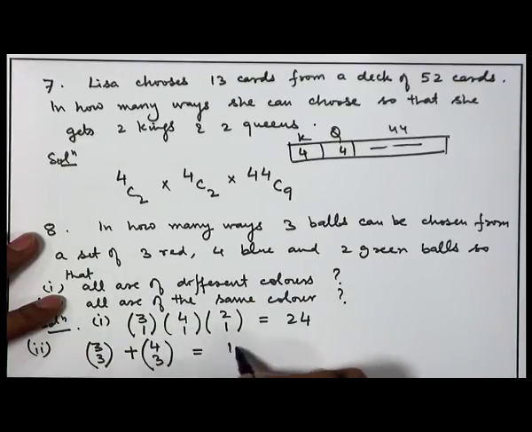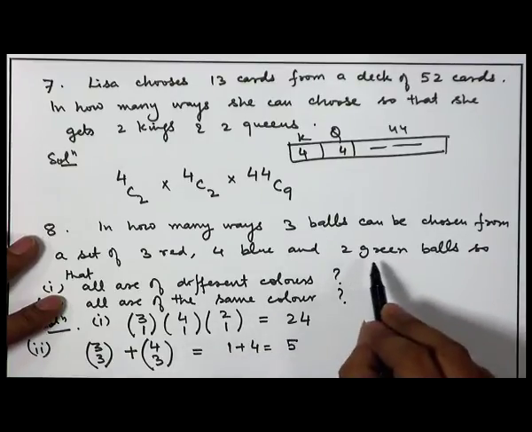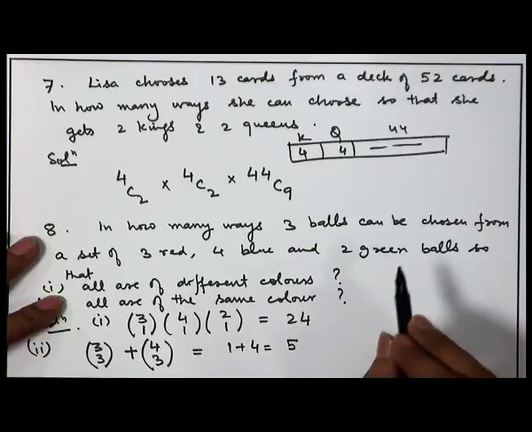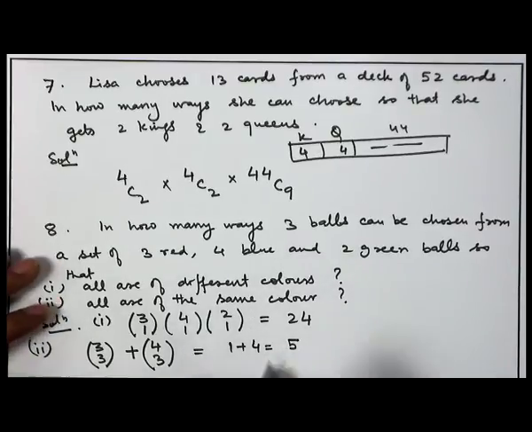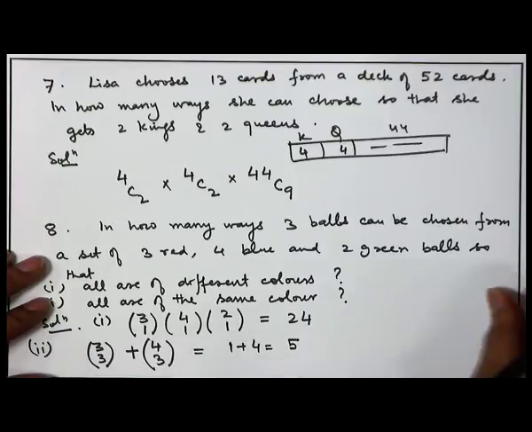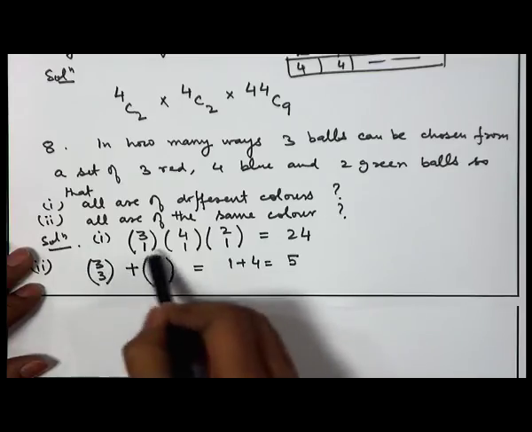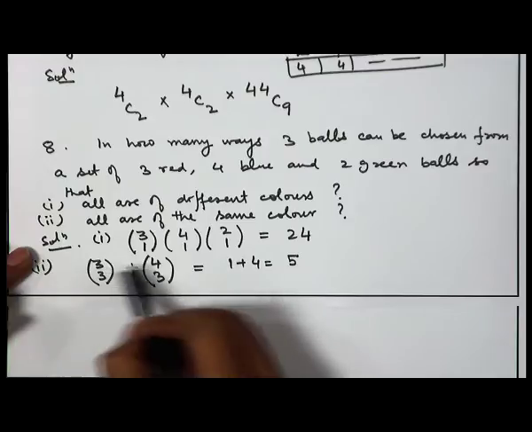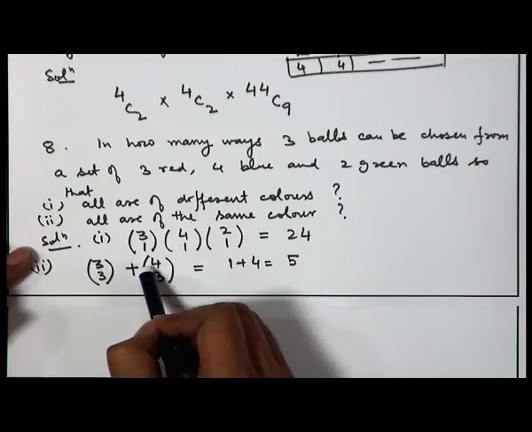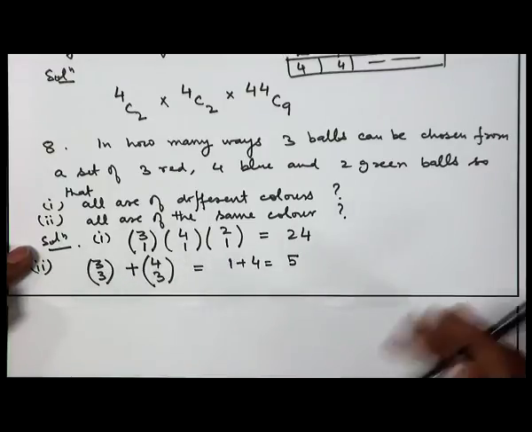So that is 1 plus 4, that is 5 ways. Obviously, you can't have them all green, because only 2 green balls are there. If you look carefully, in the first part we applied the multiplication principle, and in the second part we applied the addition principle by adding the 2 possibilities, that all are red or all are blue.